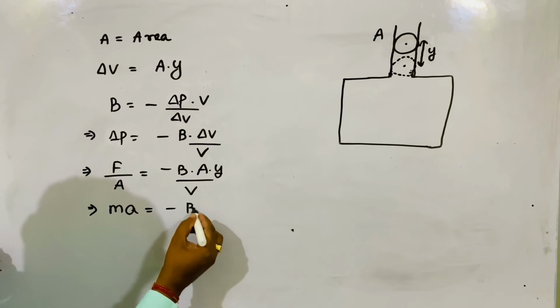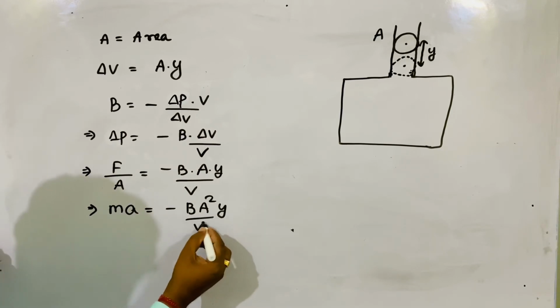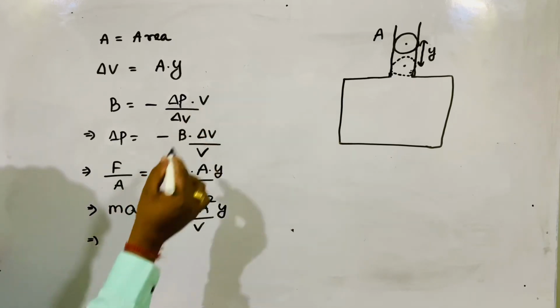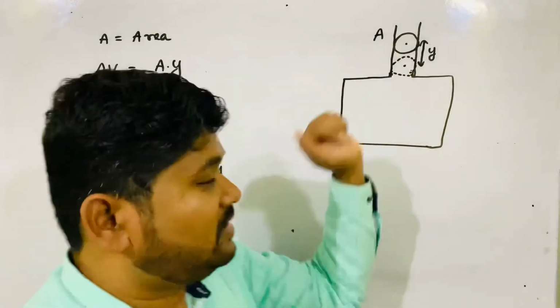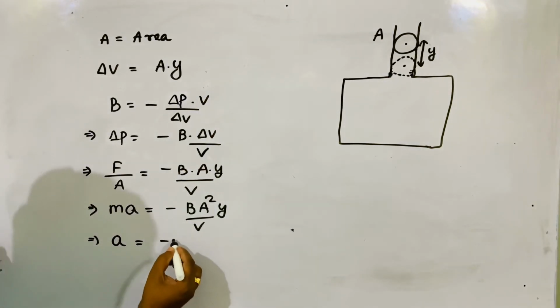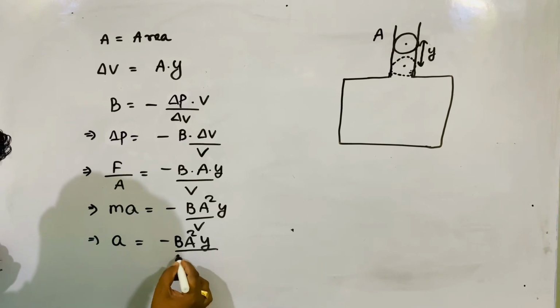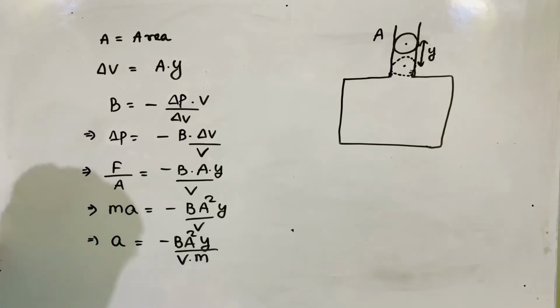So this is minus B, take this area to this side, y by V. M is the mass of the ball. So acceleration a is equal to minus B A square y divided by V into mass.